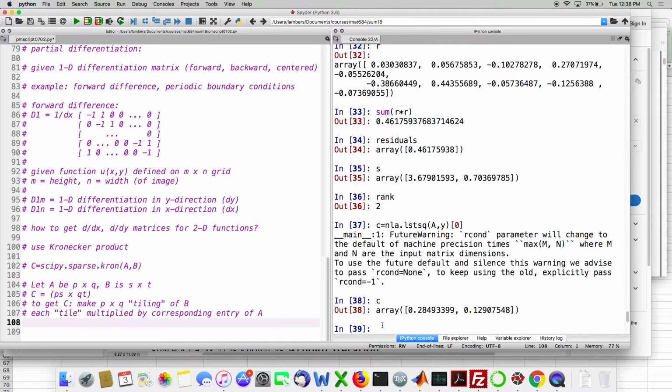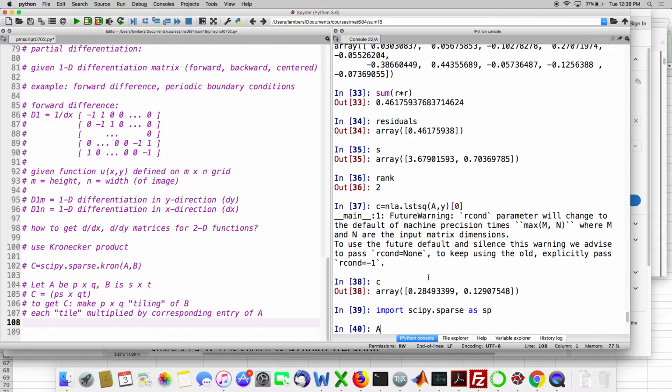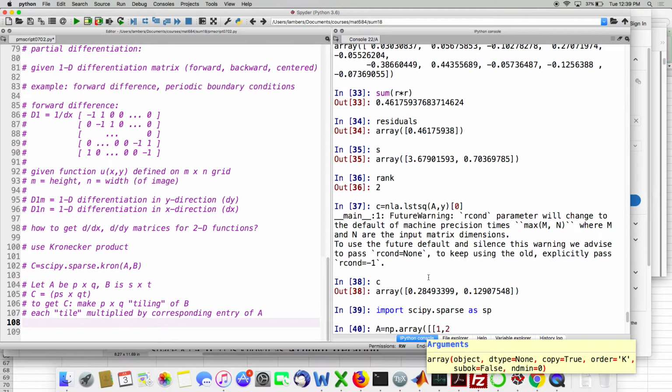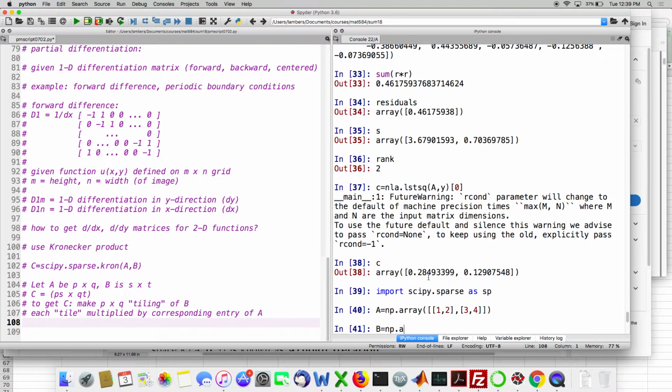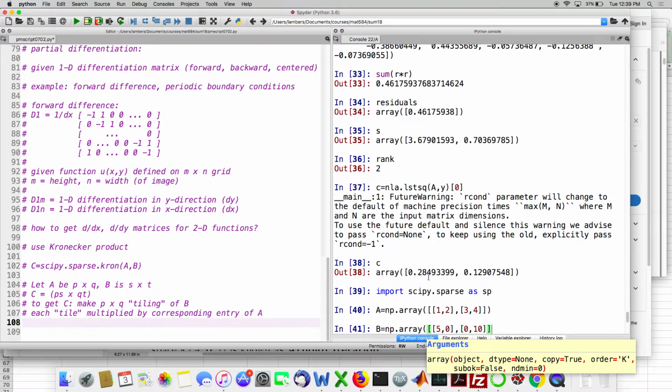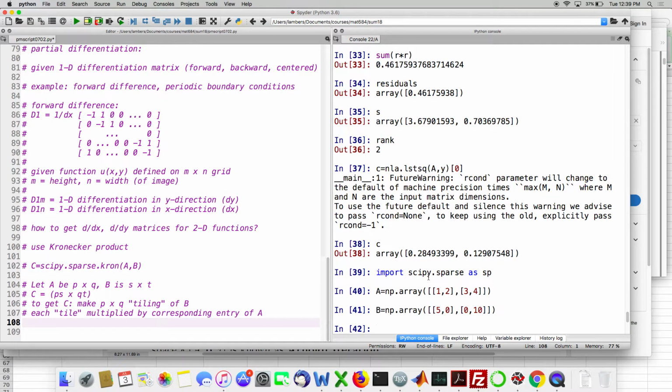So I'll do an example. Okay, so import scipy.sparse as SP. And I'll make two matrices here. Like 1, 2, 3, 4. And then for the other one I'll make a diagonal matrix: 5, 0, 0, 10. All right.